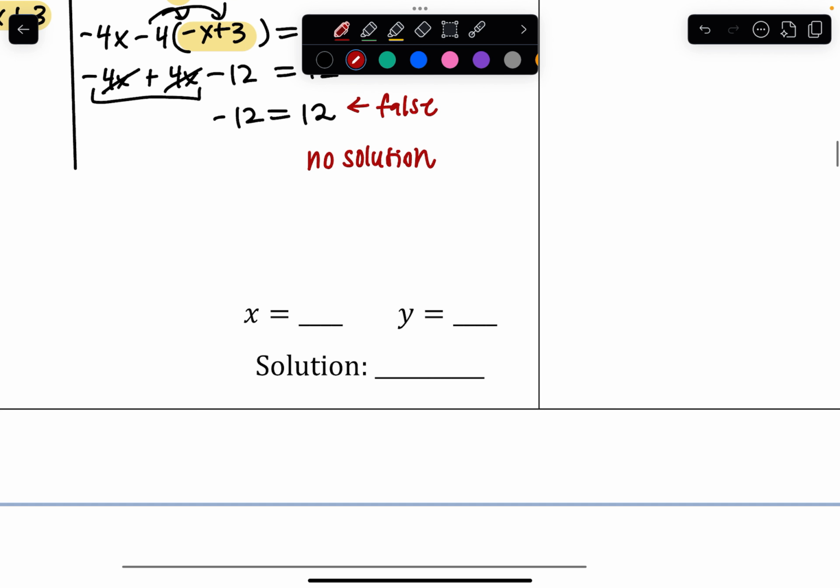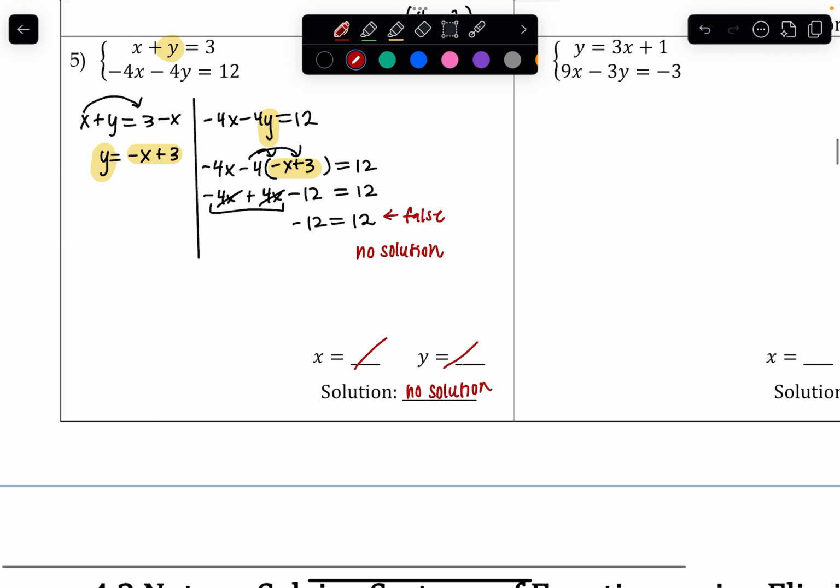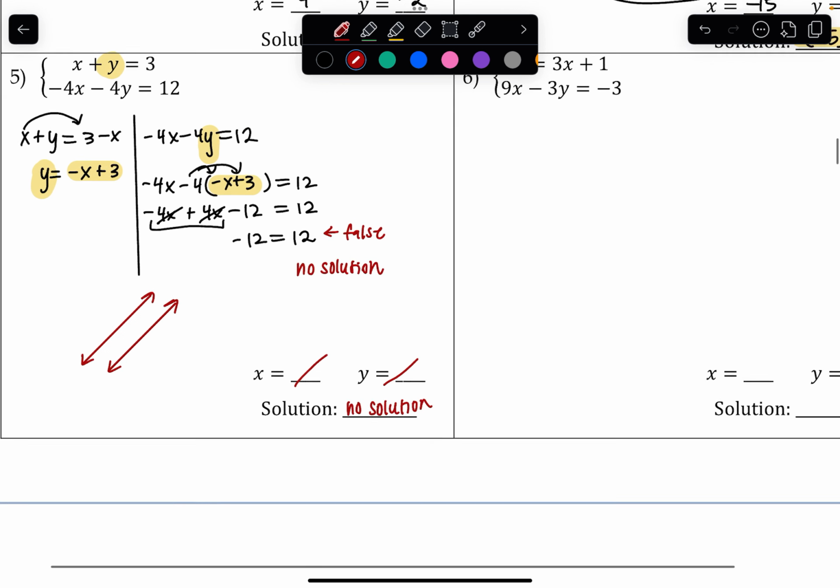Okay, no solution. Okay, and so this would be an example of parallel lines. If we were to put them both in slope-intercept form, we would see they have the same slope but different y-intercepts.